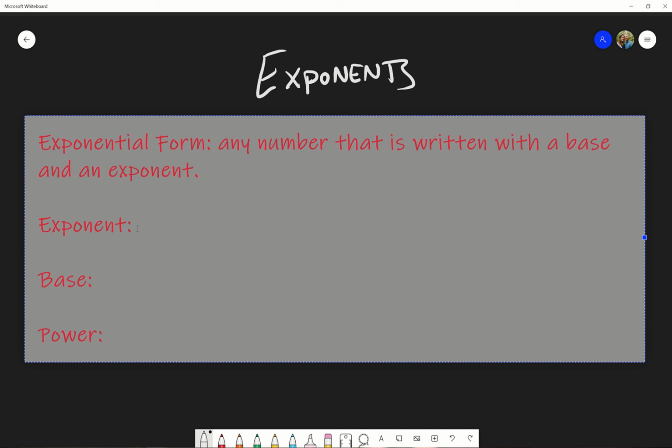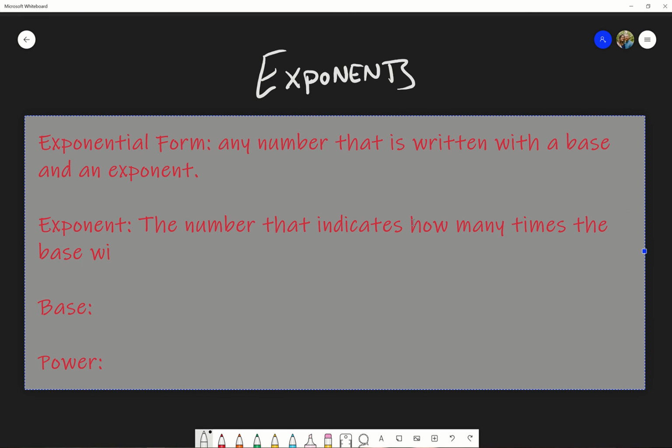An exponent is the number that indicates how many times the base will be used as a factor.